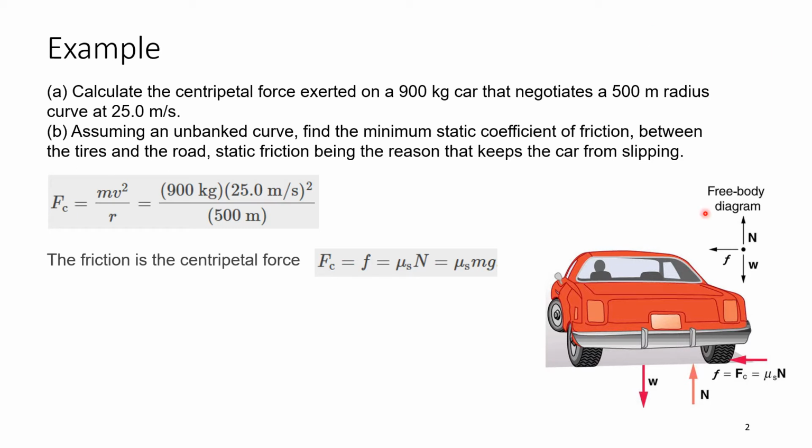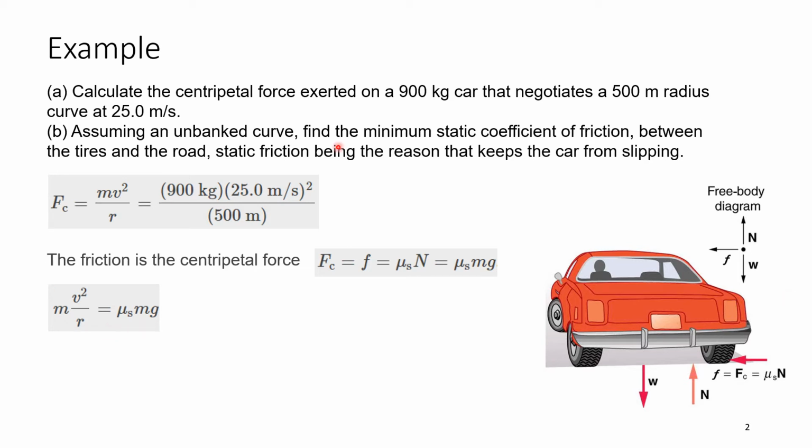Now we have a relation between the centripetal force and the coefficient of friction. We combine this equation with this expression of F sub c, we get m v squared over r equals mu s times m g.